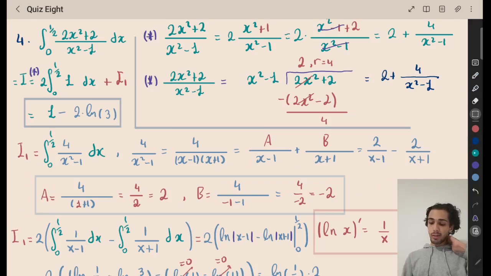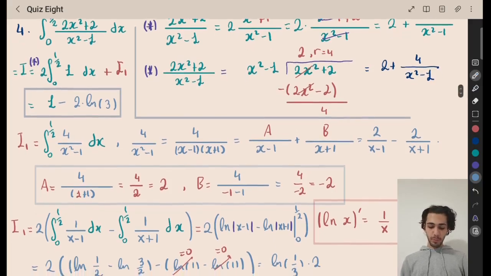And by the way, it's a good exercise to multiply this by x plus 1, and do the same thing here, multiply by x minus 1, and verify that in the end you'll get 4. Because if the numerator matches, then the denominator should match. So that would be a good exercise for you as well, if you're not sure as to why this actually works. As I said, we're not going to cover why it works here in the tutorial, but this is also a good check to carry out.